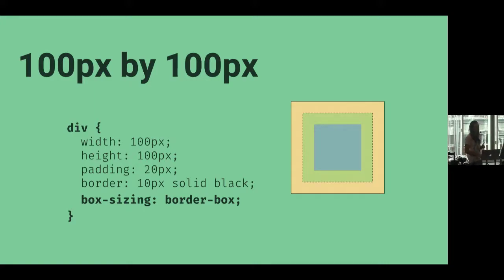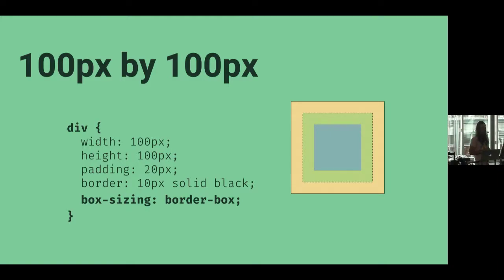Now, I can change that behavior. I can make it act differently. I can actually say, hey browser, when I say width 100 and height 100, I mean it. I don't care what the padding is, I don't care what the border is. You fit that all into my 100 by 100, and the way we do that is by changing the box sizing property.